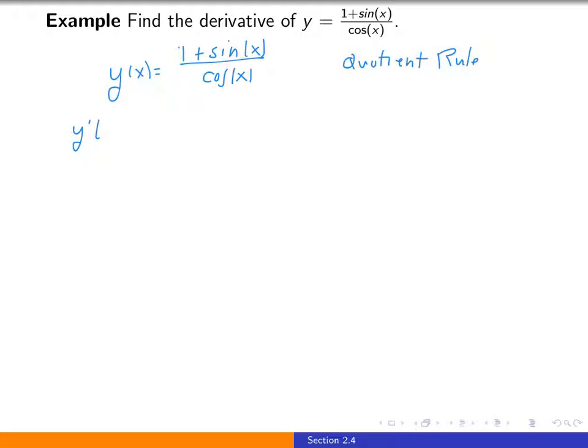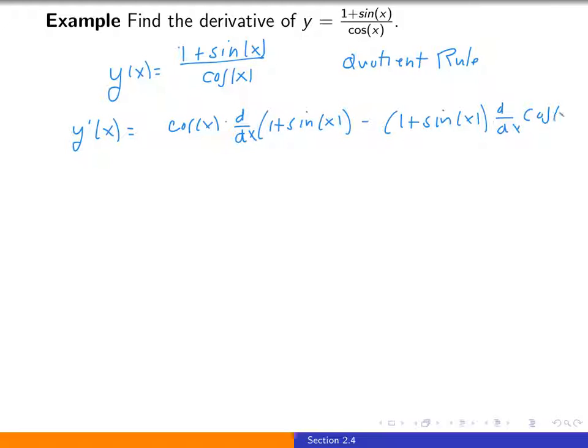So y prime of x will be low d high, so cosine x multiplied by the derivative of 1 plus sine, minus high d low. So that would be the top times the derivative of the bottom.